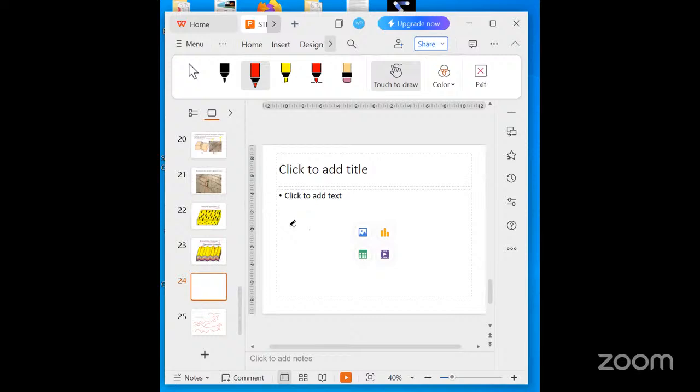Now, parts of folds. You see here the different parts or elements of a fold.